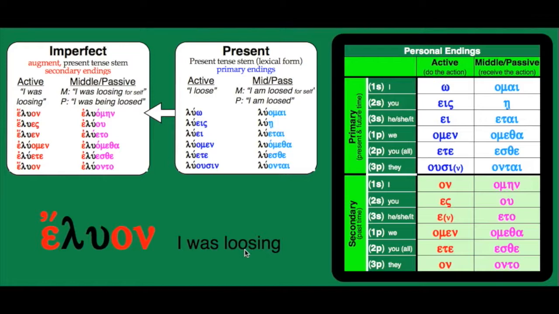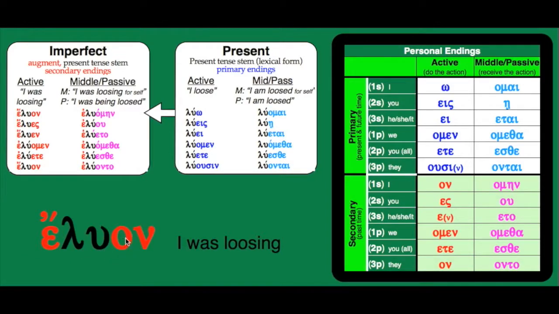Now notice here that we also have an epsilon on the front. What's that? Well, that's called an augment. And the Greeks, when they went into past time, they always augmented the front of the word. If the vowel stem started with a consonant, the augment is always an epsilon. So lu becomes elu.